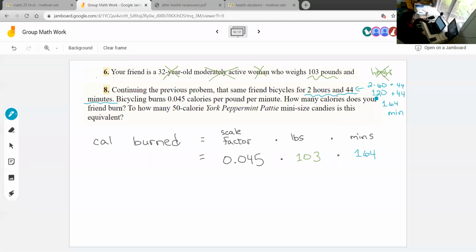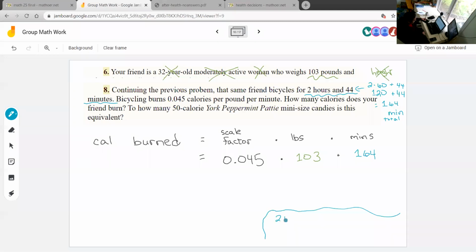Okay, sorry. 120 and 44. You see it now, or is it too squished up in the corner? See it, kind of. You're too squished in the corner. Okay, so let me just do that down here then.